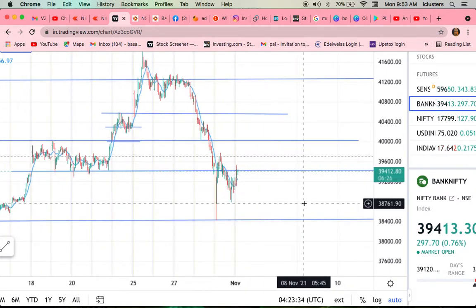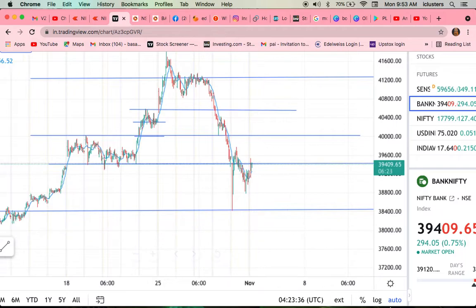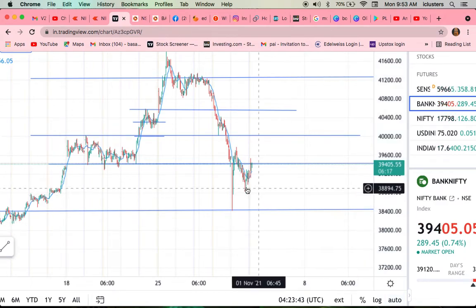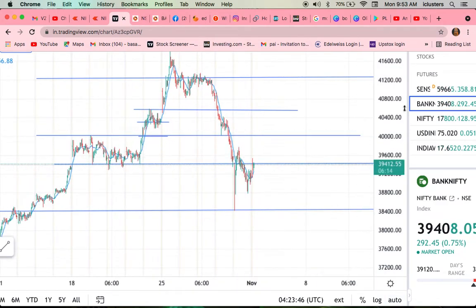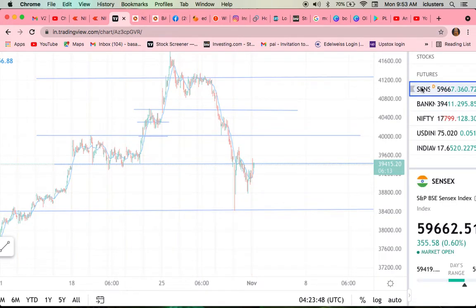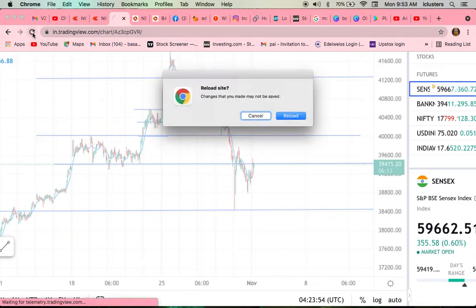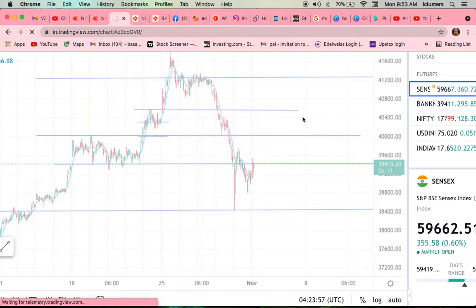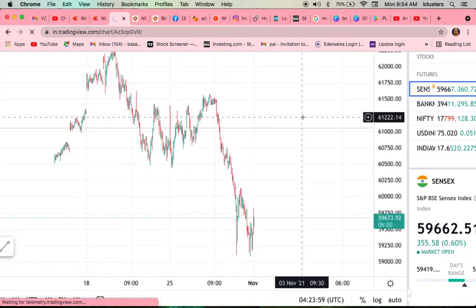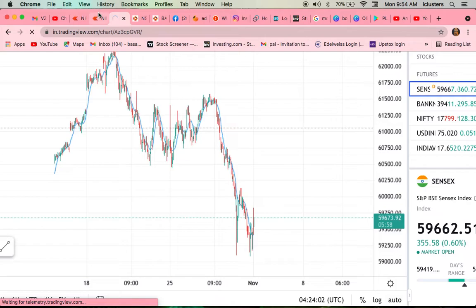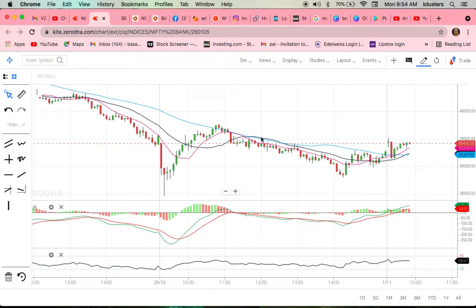We want to discuss, wait a minute, I'm going to change this chart into auto mode, because the chart is not clear. That's why I'm going to reload this. See, 39,000.